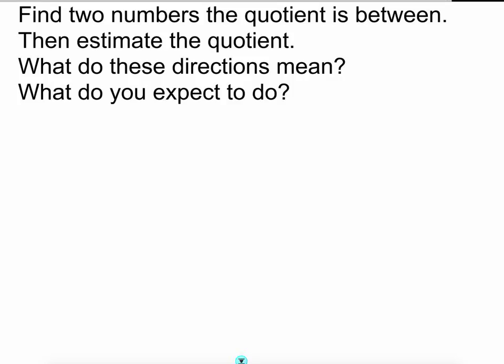Then after I do that, I will estimate the quotient. I'm going to show you how to find the two numbers the quotient is between, and then I will show you how we use that to estimate the quotient.